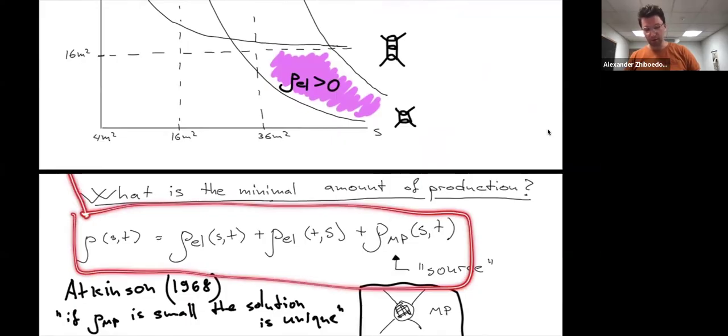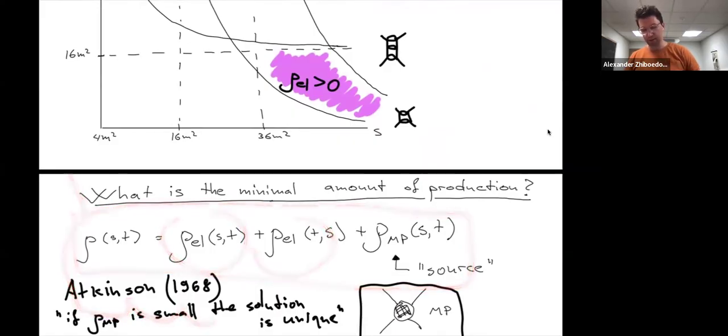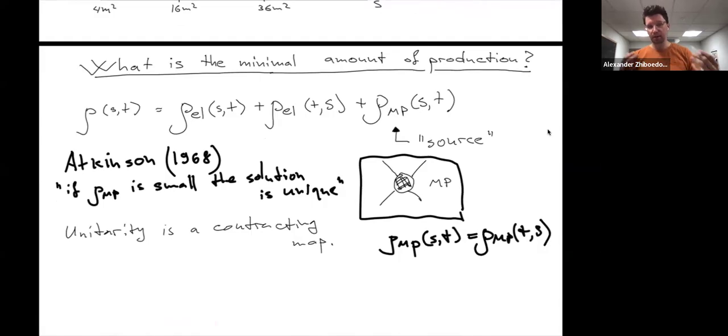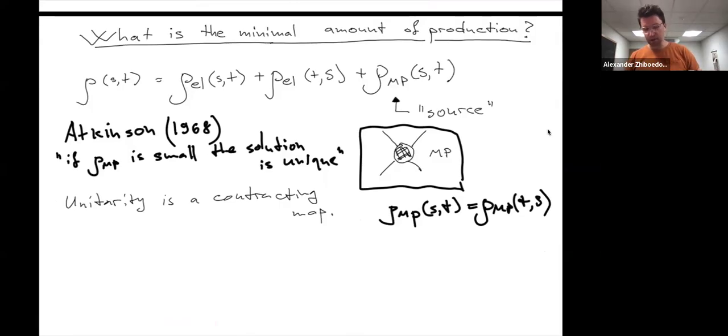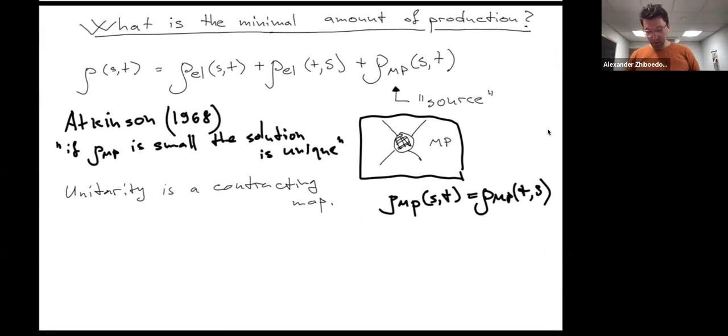And now you go back to the amplitude, to the Mandelstam representation, you recompute rho L, and you get these iterations. And this is exactly the same spirit as the Feynman diagrams type of iterations. And he showed that unitarity is a contracting map, therefore there is a unique fixed point and the solution exists. And that's more or less everything that was known until these equations.